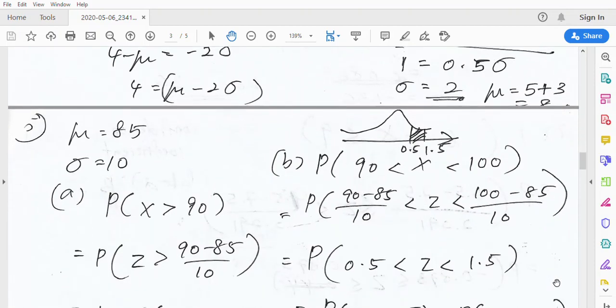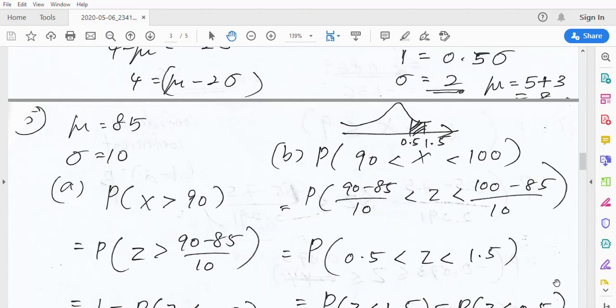Now for number 5, suppose that the amount of money spent at a shopping center between 4 to 6 p.m. has a normal distribution with mean 85 cents. So this is the mean and the standard deviation is 10. Okay, so now we want to find the probability that has spent more than 90. So the first question, more than 90. So as normal, we need to standardize.